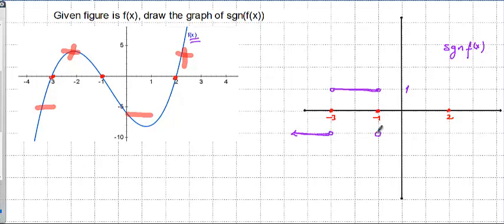Then between -1 and 2, the function is getting a negative sign, so the sine function must be -1. And here, when the values are greater than 2, the function should be positive. And this is the graph of sin f(x). This is f(x), this is sin f(x). It's getting only 3 values.